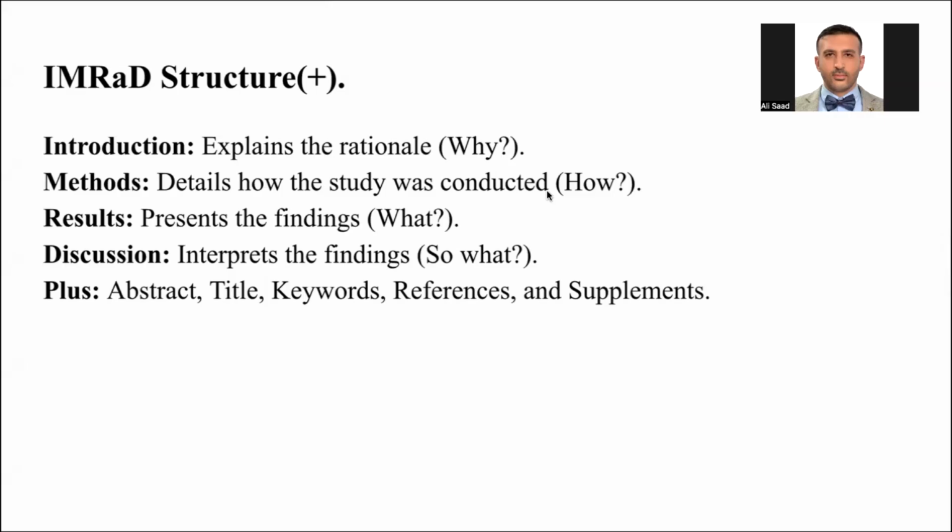And plus those, there are the abstract, title, good keywords, references, and also supplementary materials, where you can, for example, put additional figures and additional tables that are important but you don't have the space to put in your manuscript. So you will need to upload supplementary material. For example, in a meta-analysis, we put the search strategy, additional outcomes, and secondary outcomes, if the study has a lot of outcomes.